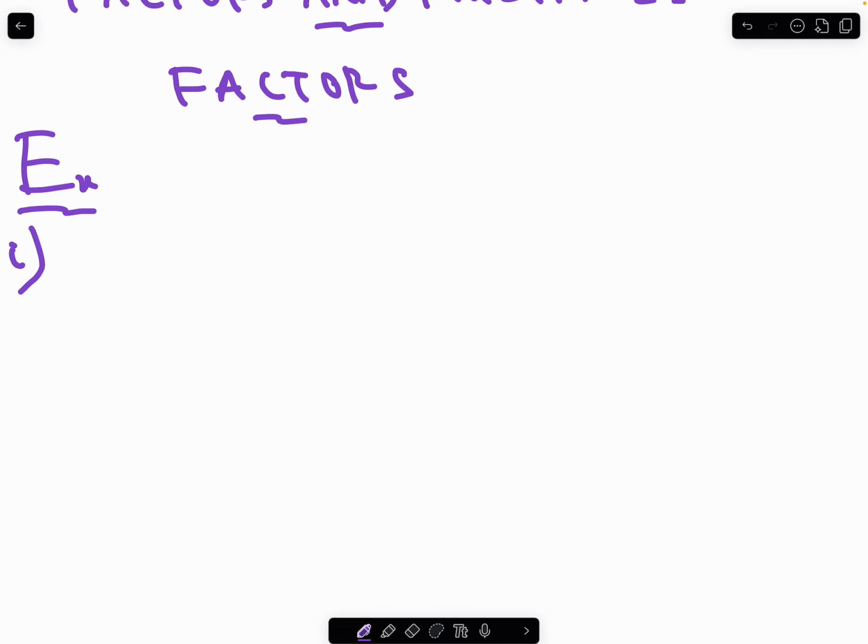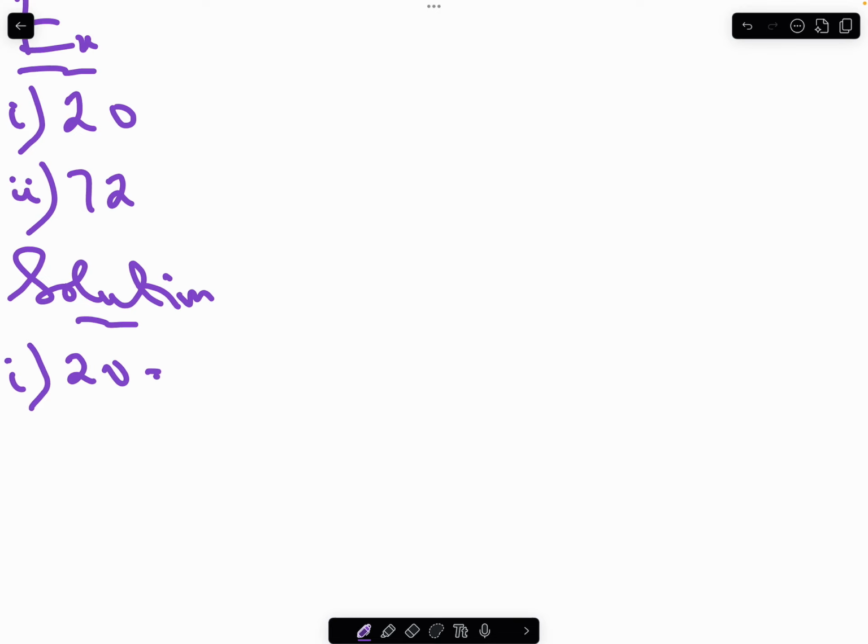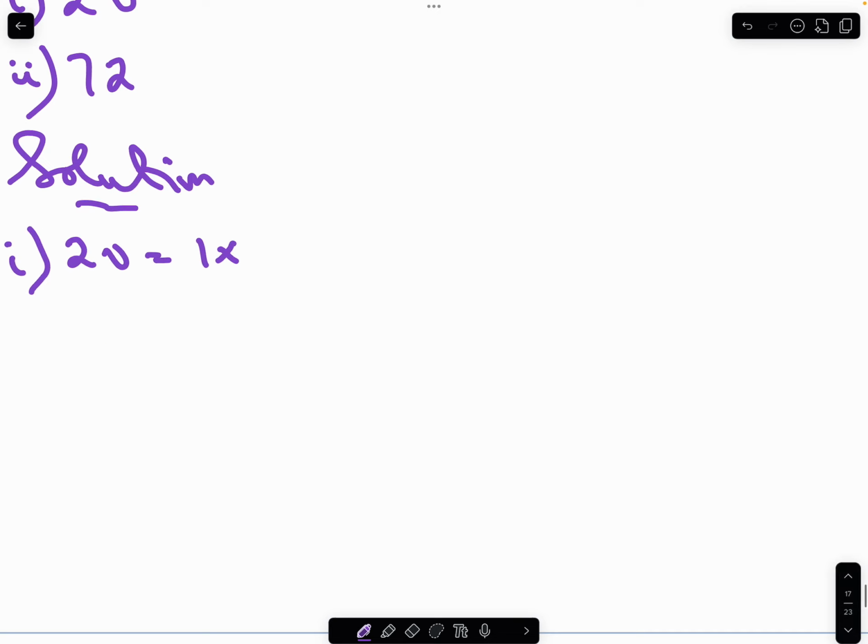List the factors of Roman figure 1, 20, and Roman figure 2, 72. Let's go to the solution. Roman figure 1, 20. 20 is equal to 1 times 20, 2 times 10.